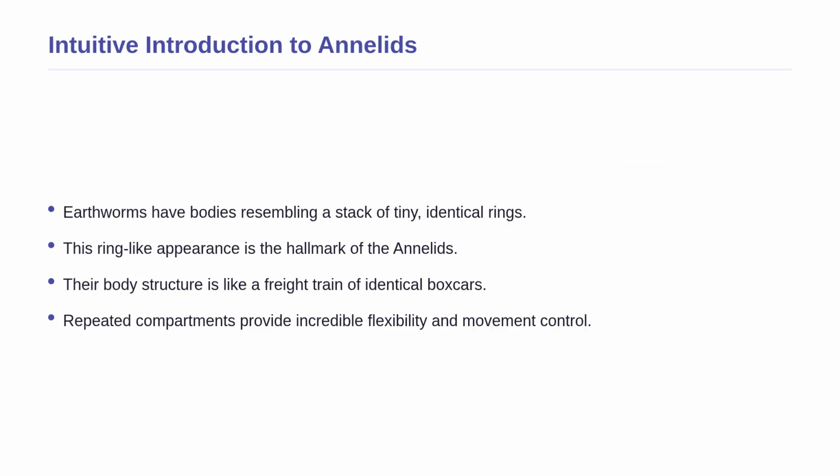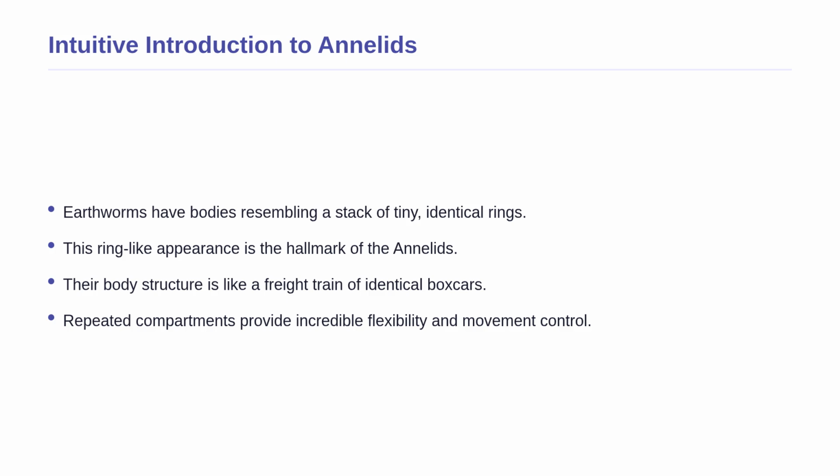Let us begin by picturing something you have likely seen, an earthworm wriggling on the sidewalk. If you look closely, its body is not a smooth tube. Instead, it looks like a stack of tiny, identical rings joined together. This ring-like appearance is the defining hallmark of the annelids.